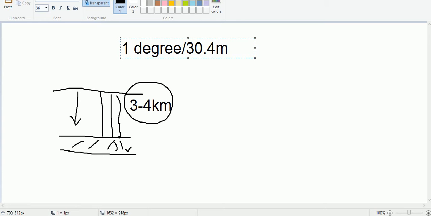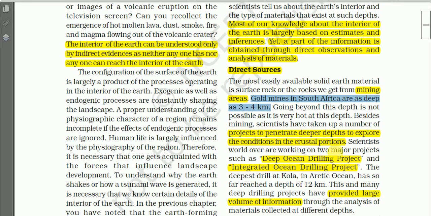If you go down 30.4 meters, the temperature increases by 1 degree Celsius, and that is why we cannot go deep into the Earth interior. And that is why we can collect information about the Earth interior directly only from 3 to 4 kilometer deep areas.